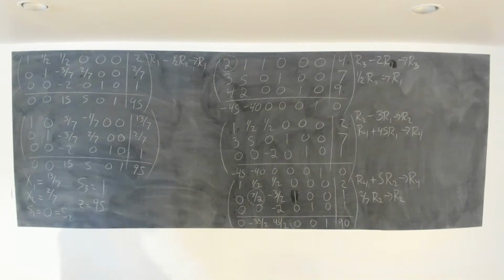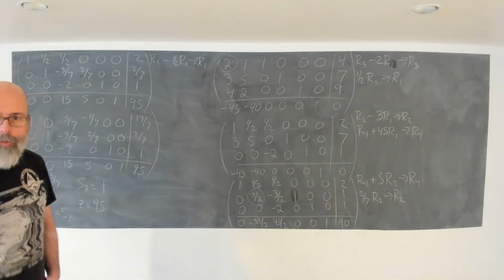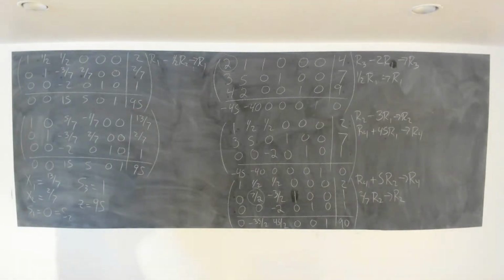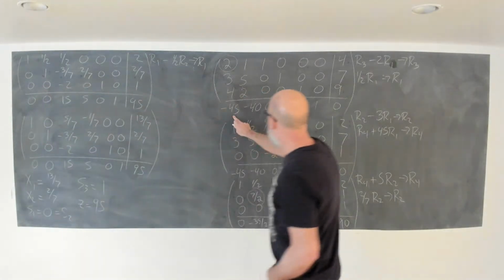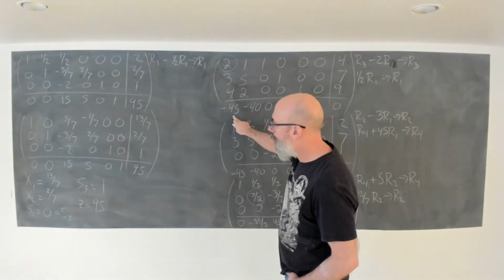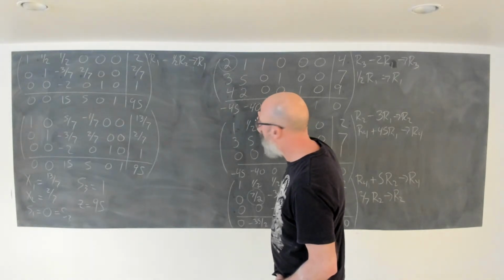That was the solution to the standard maximum problem. I've rubbed it off, but you can check. Well, we can kind of check here, right? Z was 45x1 plus 40x2.